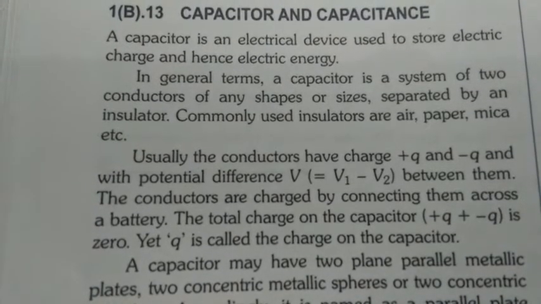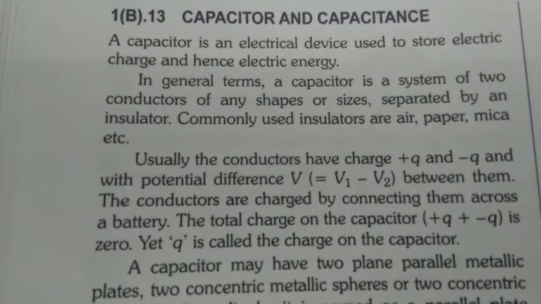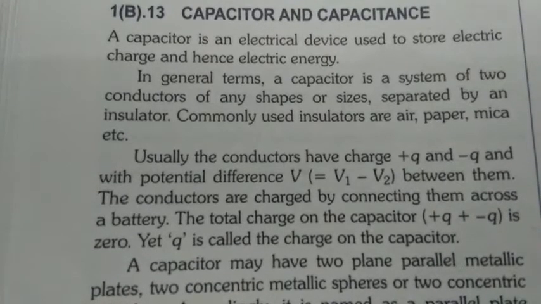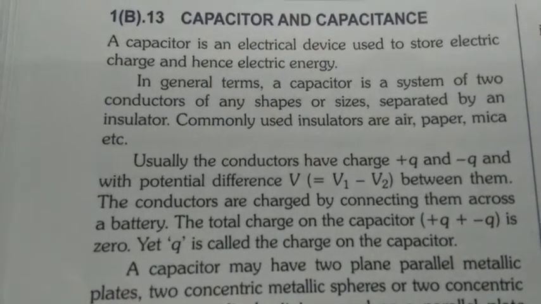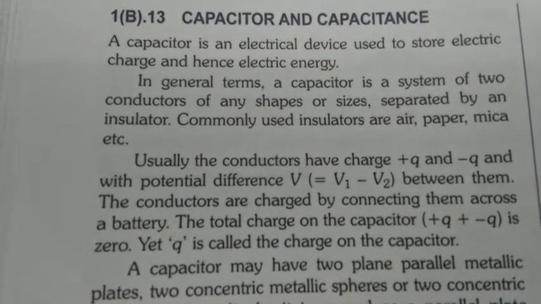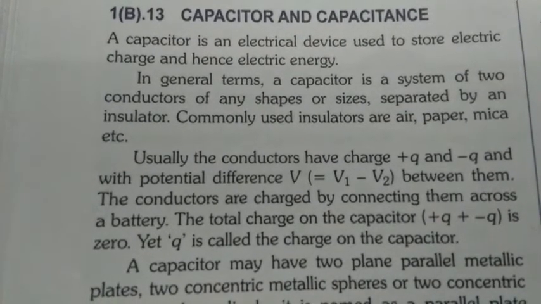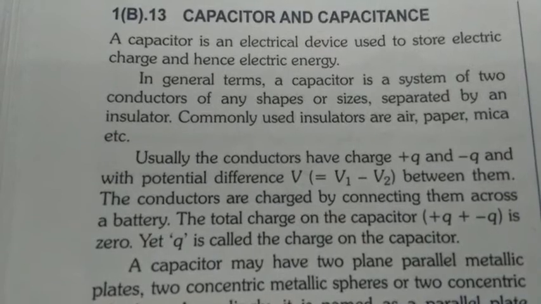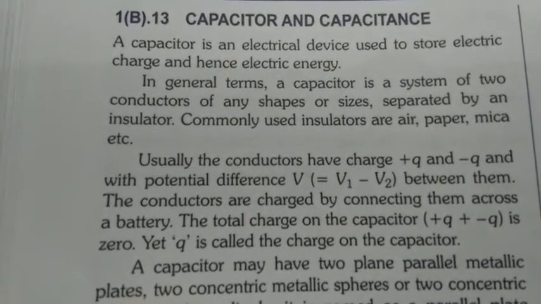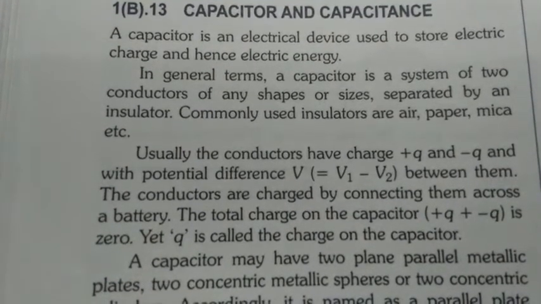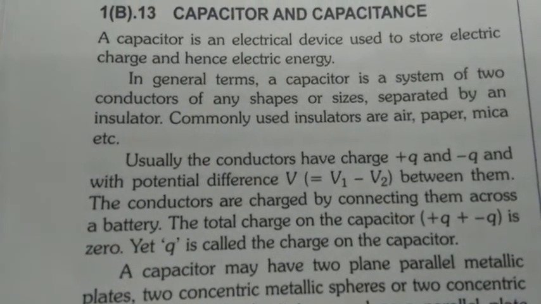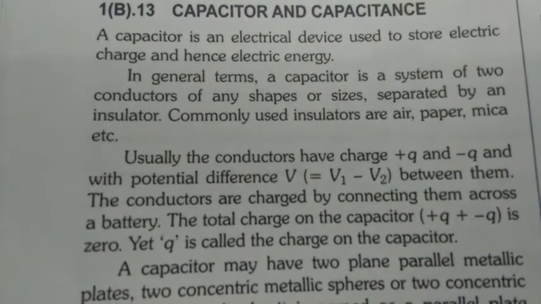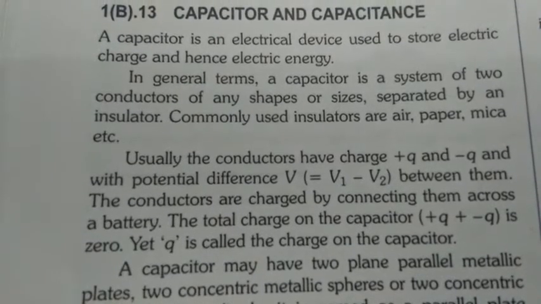And one more thing: as the charge on a conductor increases, its potential also increases. But if we want the charges to be accumulated on the conductor without the potential increasing so much, and if we want to store a large amount of charge in a very small space, that time we use a capacitor.